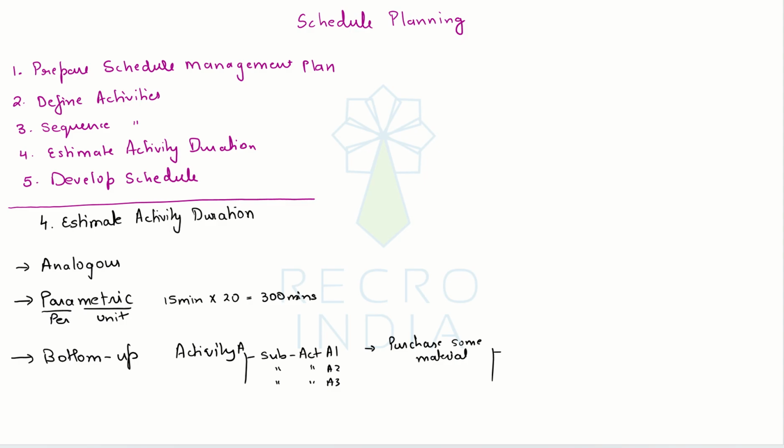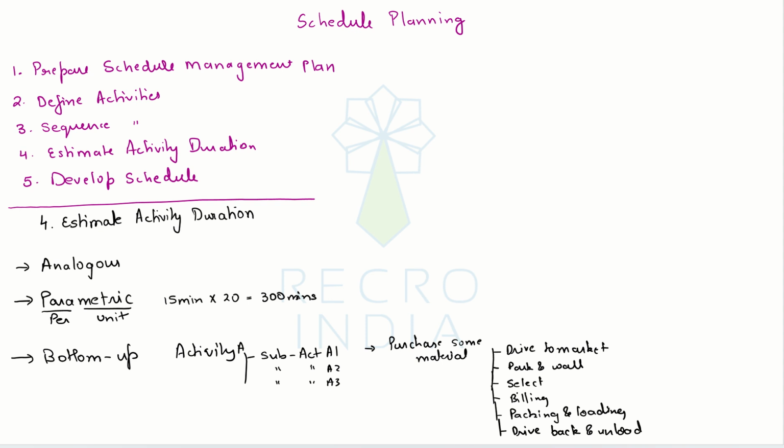Now the sub activities would be like, how much time will I need to drive to the market, then how much time will I need to park and walk to the shop, then select the products, billing, then packing and loading, and then drive back and unload.